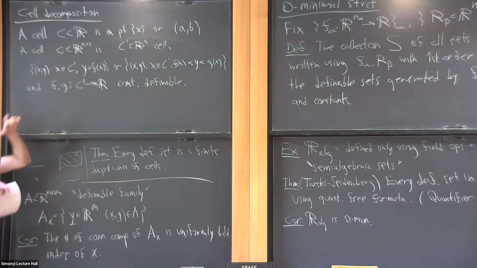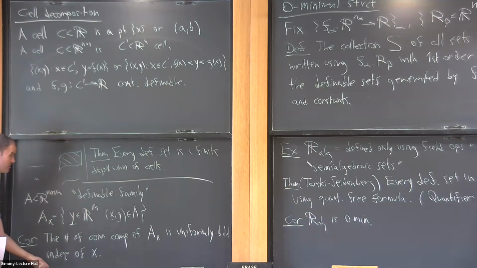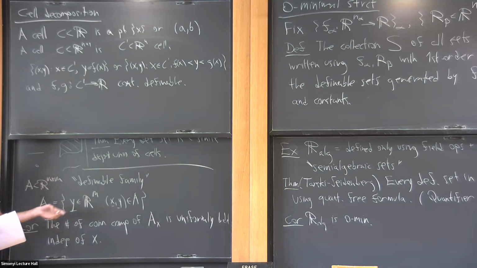Because of the way they are inductively constructed, if you take a cell and fix a point in the base, then you have a cell over this point, and a cell is always connected. So for cells we have a bound of 1 for the connected components in the fiber, and if we have a finite union of cells, then the bound would just be the number of cells.